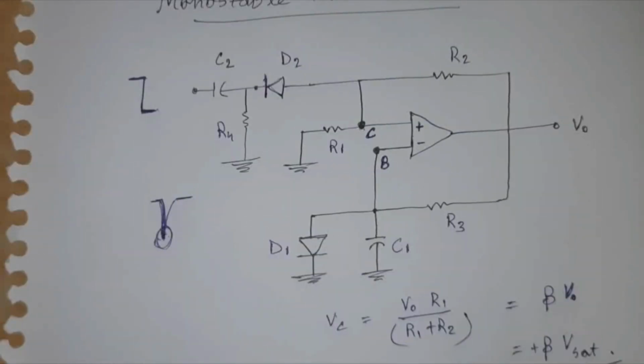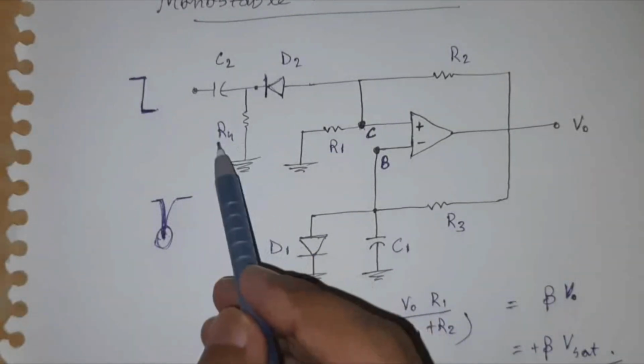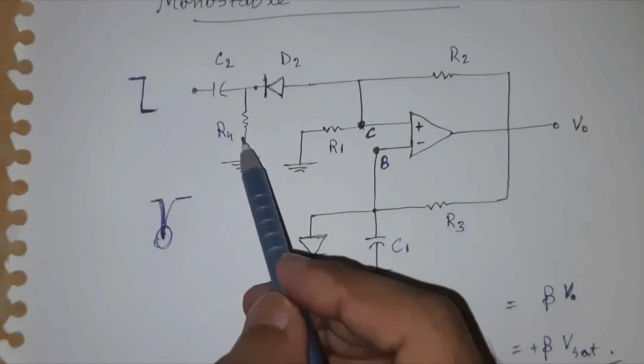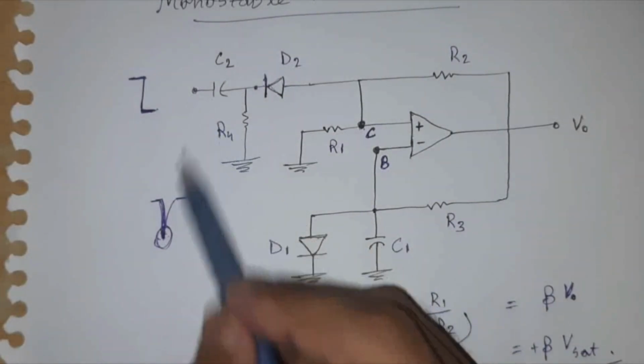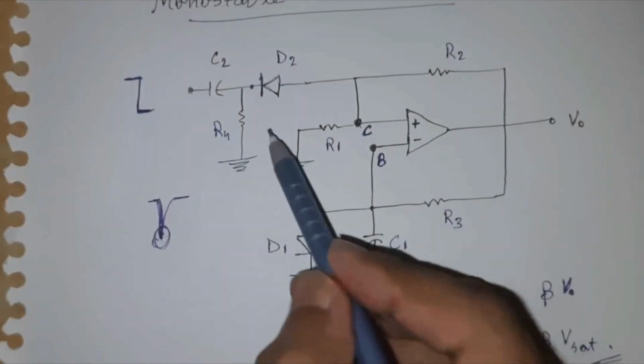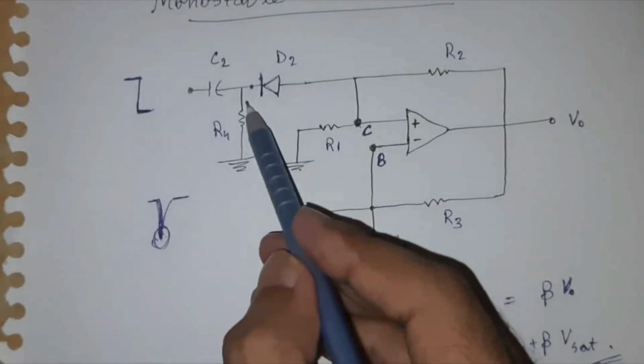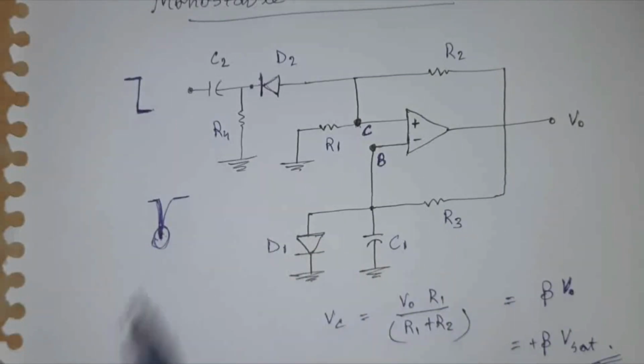Earlier I was saying that R4 should be very high in comparison to all the resistors. What was the reason? It is that we want this negative spike to travel all the way to point C. That is why it is kept very high, so that it almost appears as an open circuit.